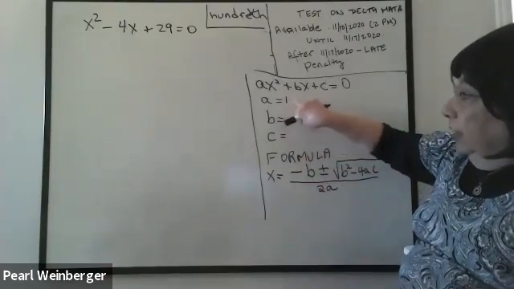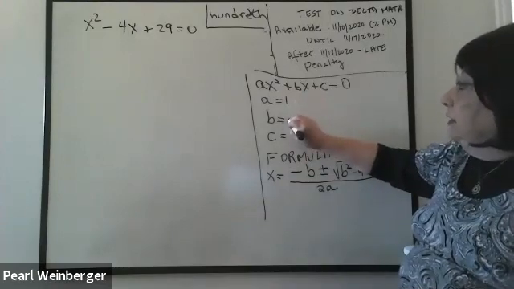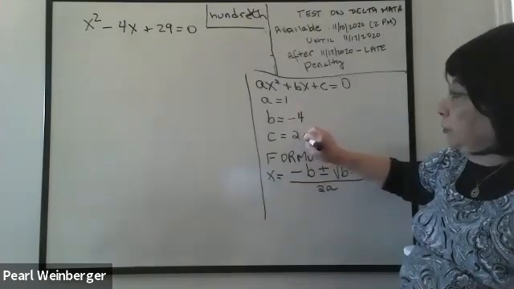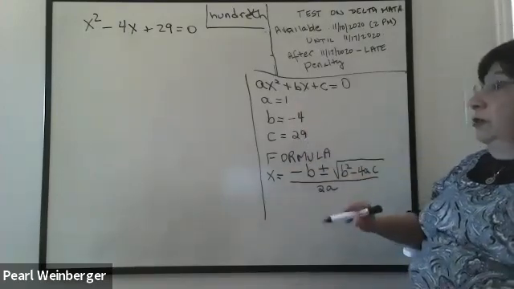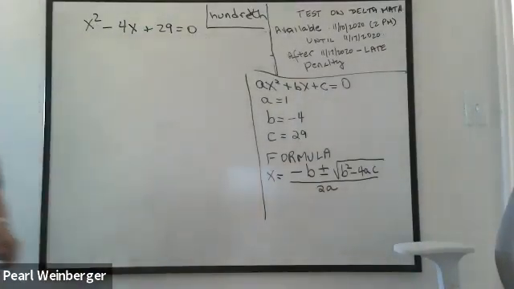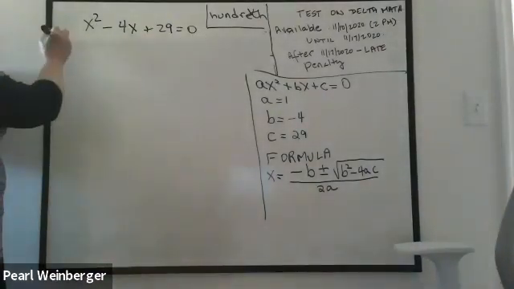Using the formula, the a we said is 1, the b is -4, don't forget that negative, and the c is positive 29. Okay, so I'm now going to stick those numbers into my formula.